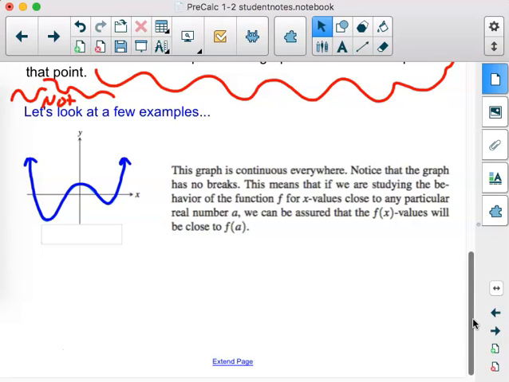This one, straight across, continuous. Continuous at all x. There is no x value that has a hole in it. There's no x value that has an asymptote, any kind of break whatsoever. This is continuous at all x.